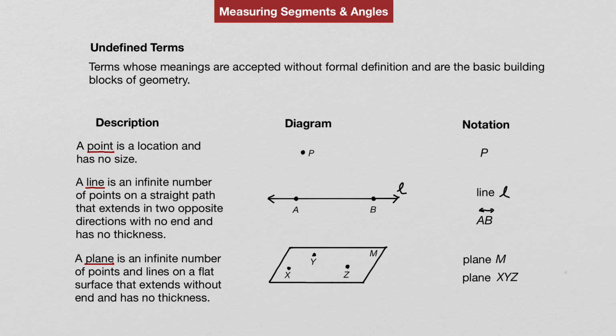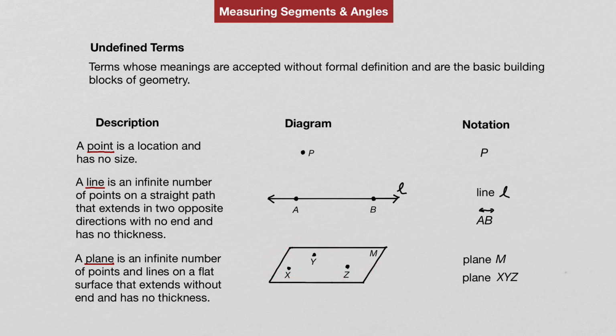Okay, correction. I made a slight mistake in the wording, and this should be lines. So a plane is an infinite number of points and lines on a flat surface that extends without end and has no thickness. Okay, so infinite number of points, and you could also have infinite number of lines in here along this plane, and it has no thickness.